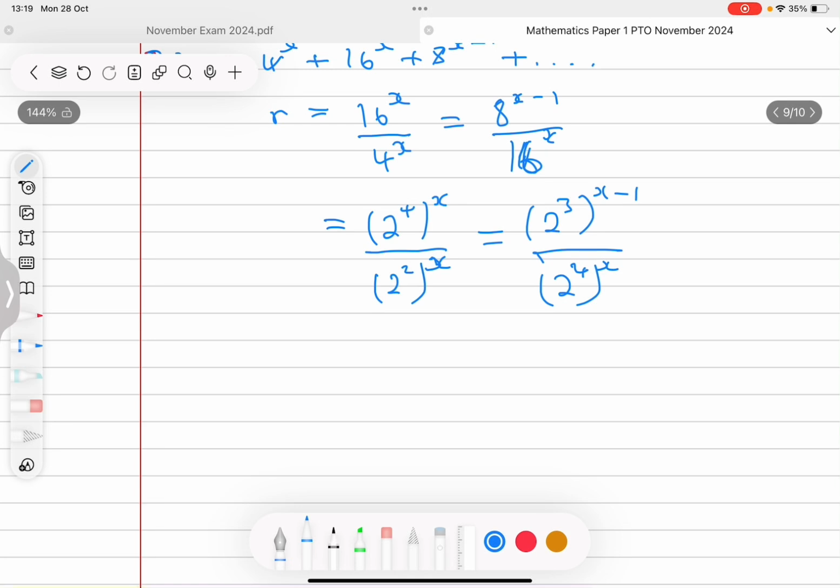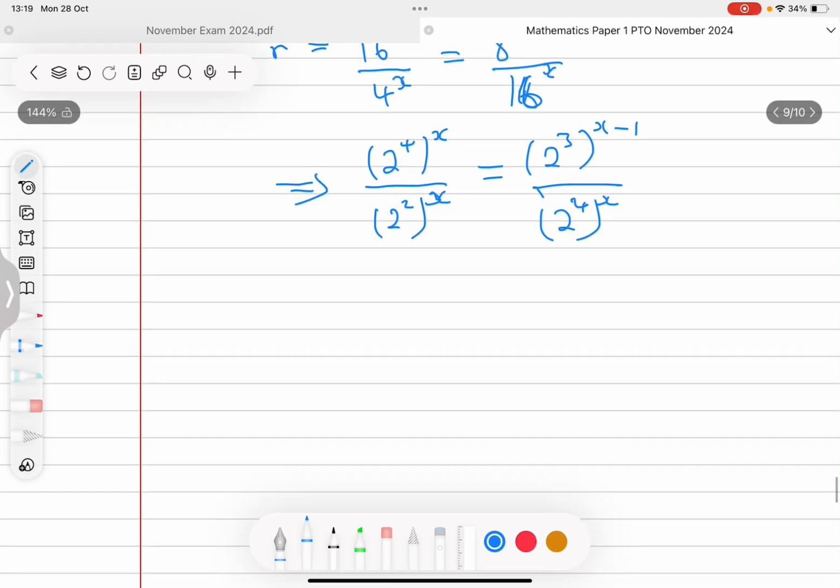Here I shouldn't put an equal sign because I'm solving an equation, right? Unless I say this implies. Now at this stage, I'll write this as 2 to the power 4x, because remember, this will multiply that. This will also multiply that as well.